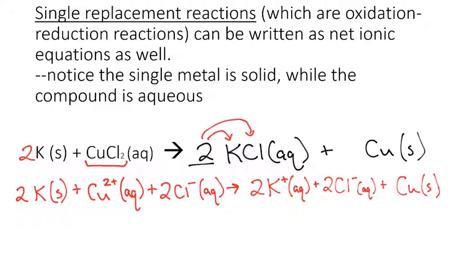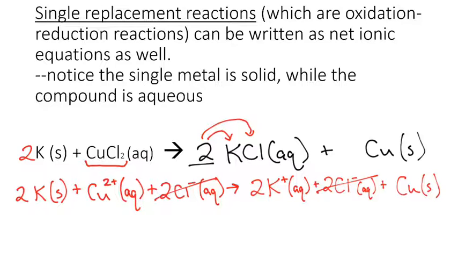Does anything cancel? What's something that might cancel here? Chlorides, you got it, 2 chlorides. The other things do not cancel. And sometimes people are like, well, it's still K. But look, it's K solid on the left, but it's K+ aqueous on the right. So that's all that actually cancels here.